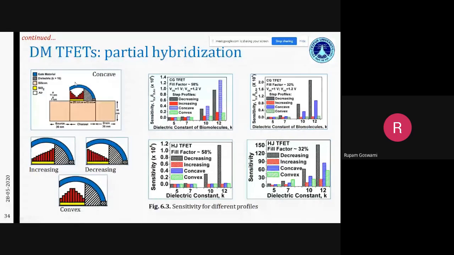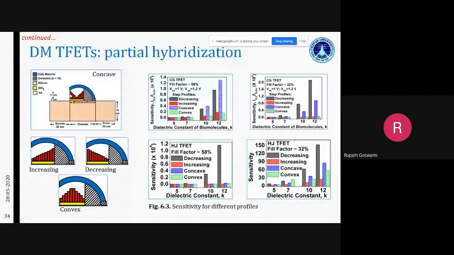So once you look at this concave profile here, you will find that the height of this partially hybridized biomolecule step is higher as compared to the rest.